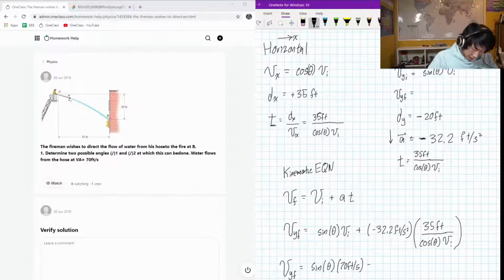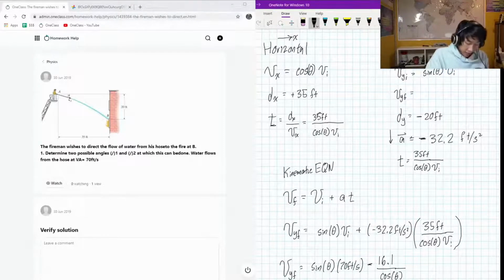That's going to be 16.1 over cos theta. Nice and straightforward. So now that we have these relationships, we can hopefully find another equation representing t, and then all that will be left is the different theta values, and then we can hopefully solve for that.